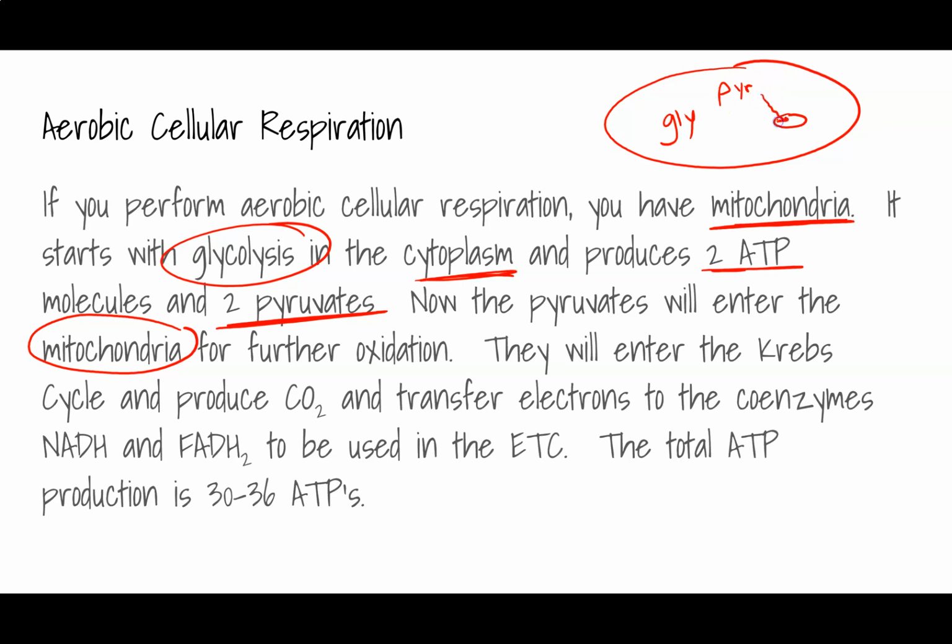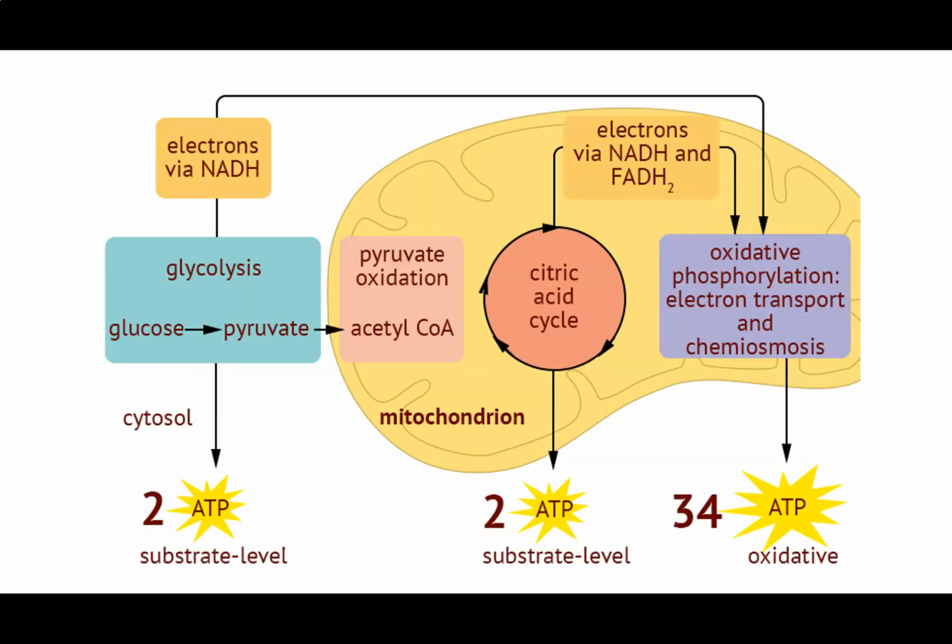That pyruvate has to get into the mitochondria. Well, the only way to do that is you're going to have to turn it into acetyl-CoA, which again we saw in the Krebs cycle. And you're going to produce your CO2. There it is. We're going to transfer some electrons, and we're going to make a lot of ATP. So that's aerobic, and we saw all the steps before.